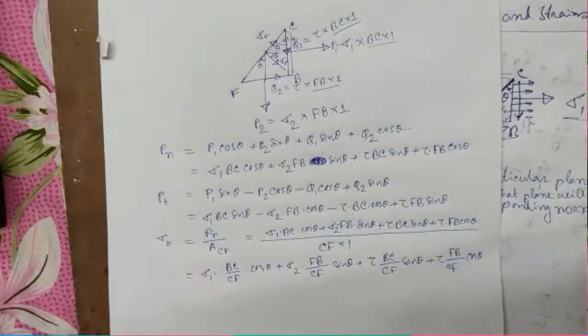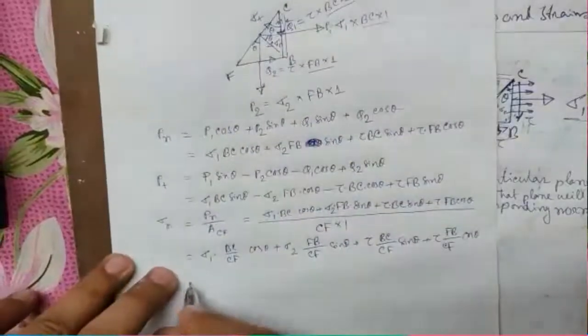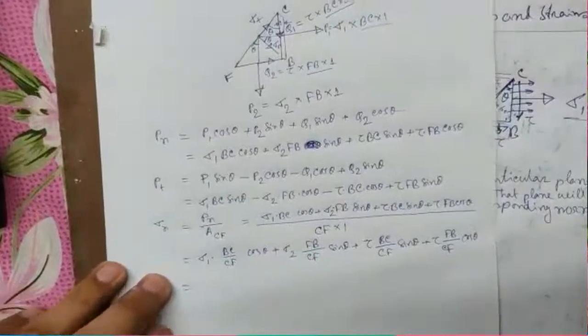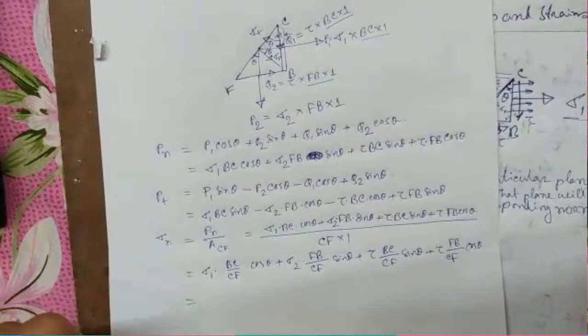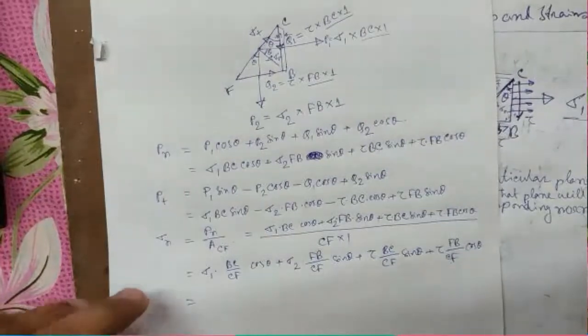Okay, now if we look at the image, BC by CF means base by hypotenuse, so BC by CF becomes cos theta.